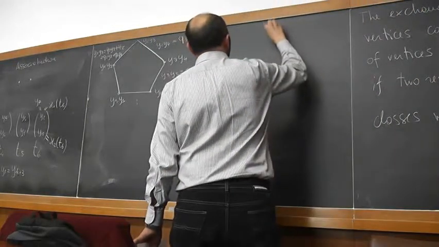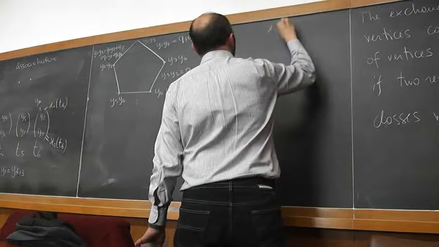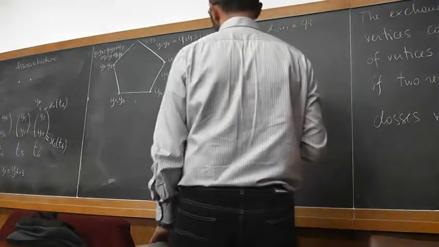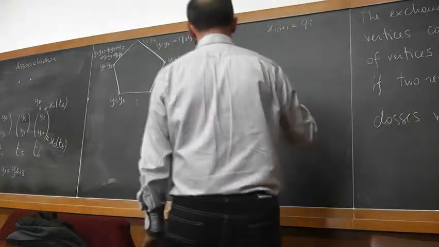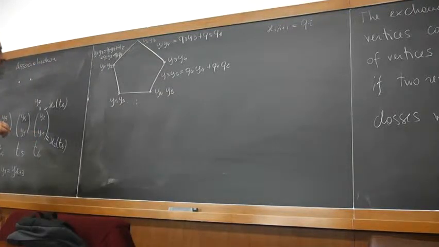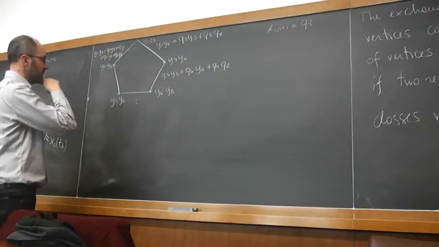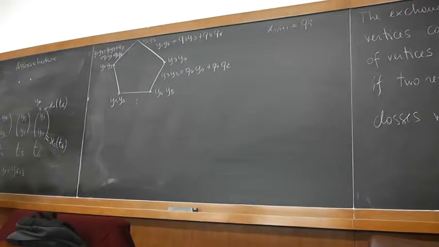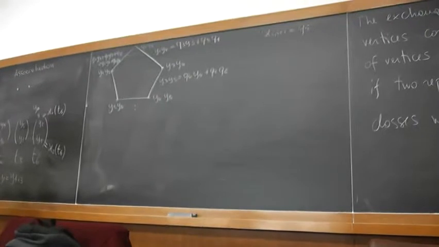You just write x_{i,i+1} instead of qi, and now I should be careful. I don't know how to rename all the others, but in any case, the y's will correspond to the xij, where j minus i is not 1 or minus 1. The claim is that these relations will repeat.